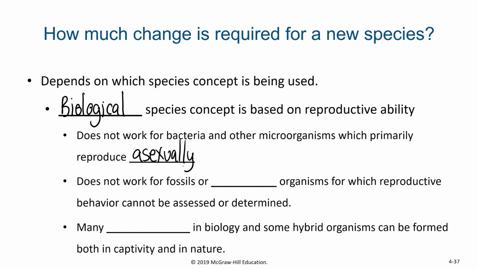Next, it doesn't work for fossils or extinct organisms, for which reproductive behavior cannot be assessed or determined. And lastly, there are many exceptions in biology, and some hybrid organisms can be formed between two species, both in captivity and in nature.